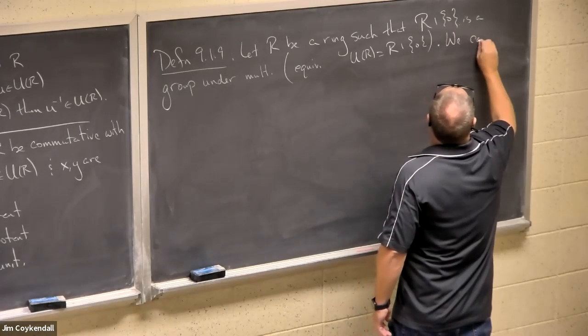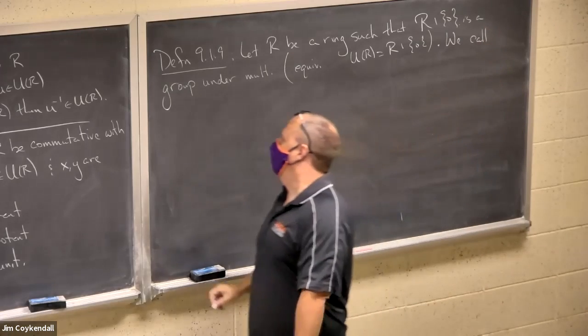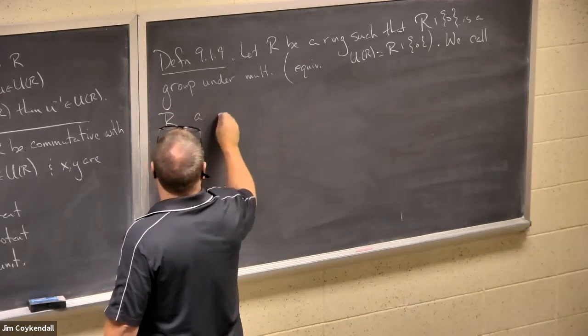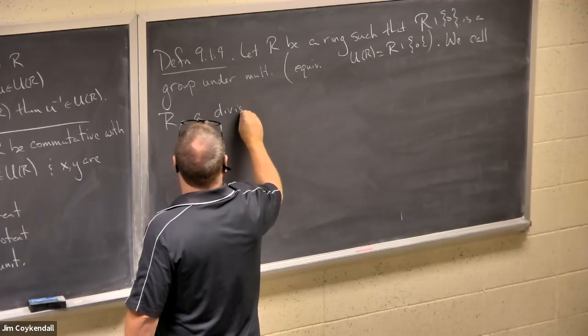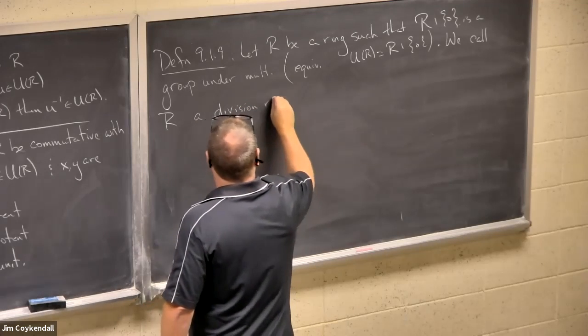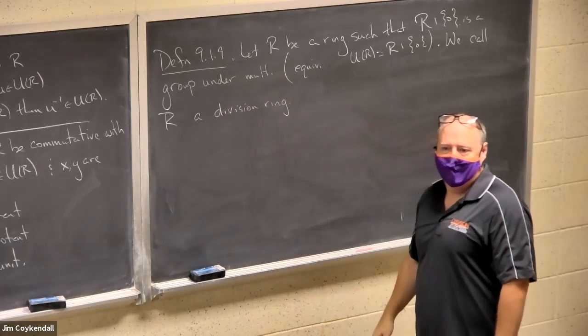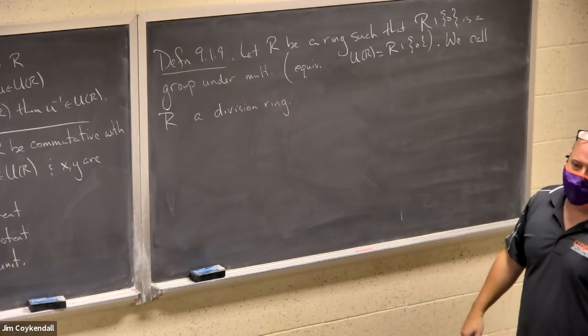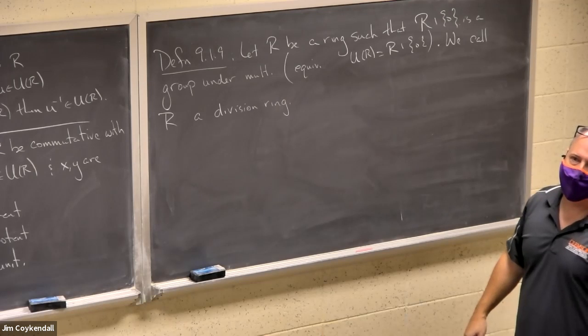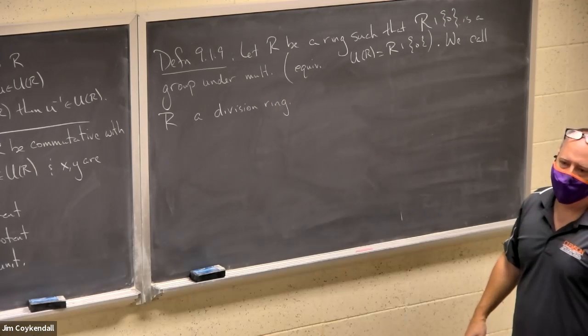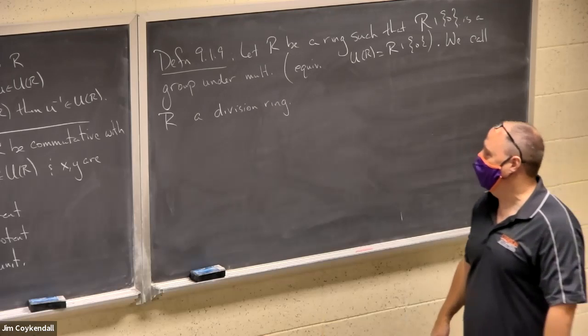We call R a division ring. Why is that? Because basically what that means is you can divide by any non-zero element and stay in there, right?